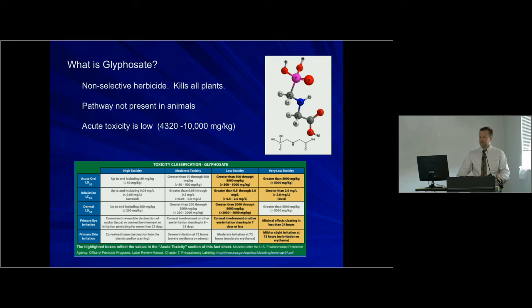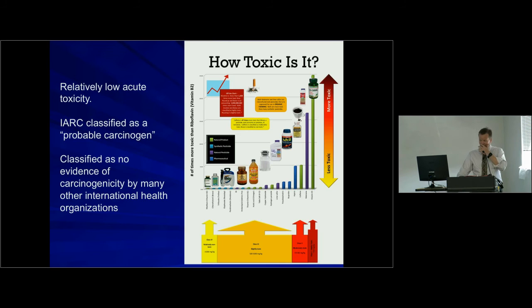But the pathway isn't present in animals, which is why it has such low acute and chronic toxicity. In any estimation you see online, if you look at what the relative toxicity is, it's reasonably low. And there's plenty of things that show that relative to other compounds. You see Roundup there on the left as the third or fourth thing in.